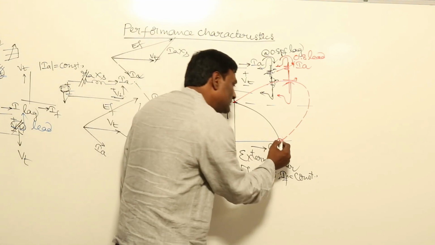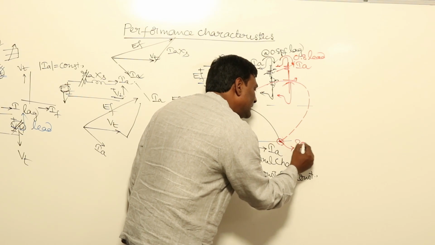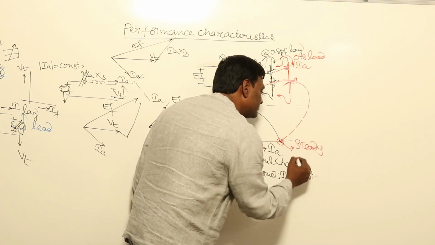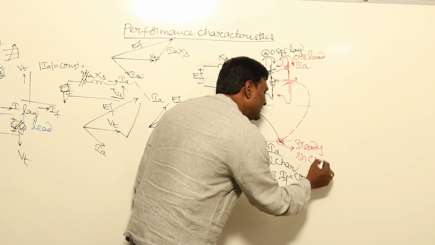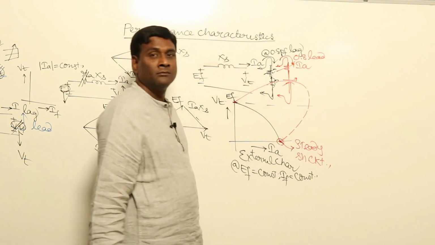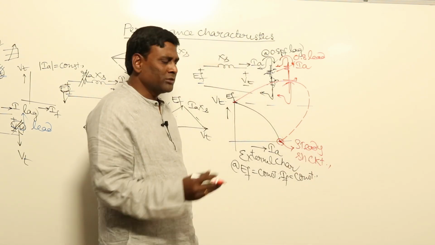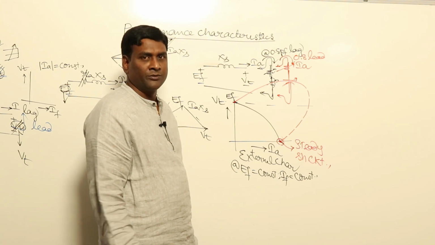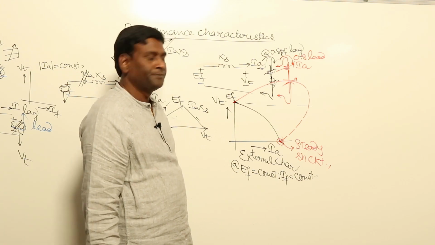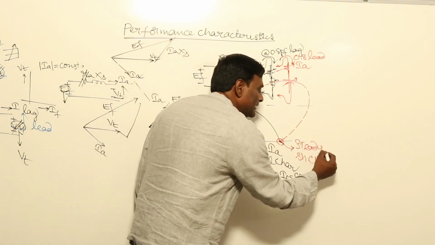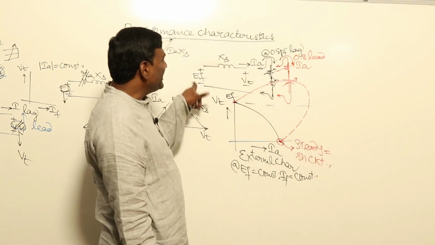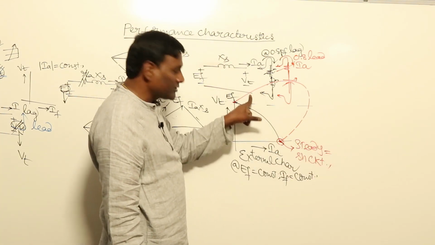So what is this? This is going to be the steady short circuit current. Why is it called steady? Like we have seen in power systems, or you can go through the power systems videos of symmetrical fault analysis. So how much is the steady short circuit current? It is going to be EF by XS, because it is steady short circuit.